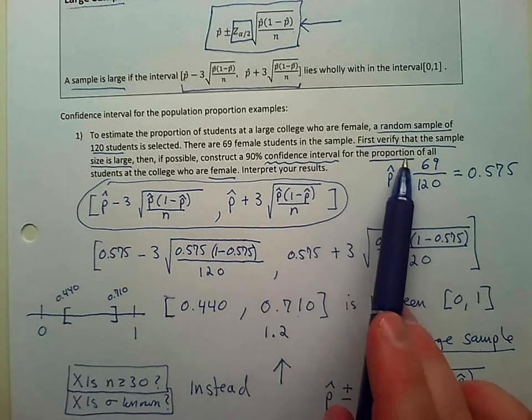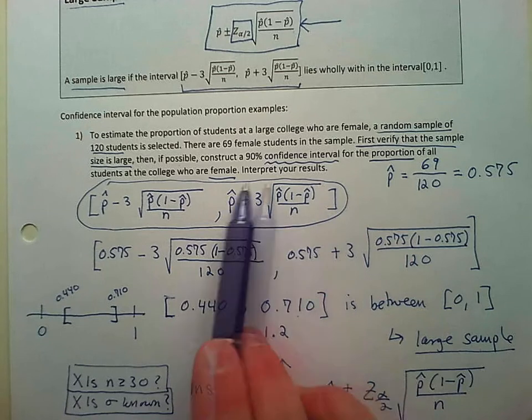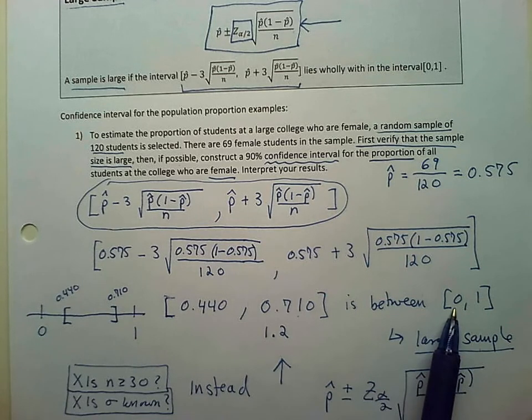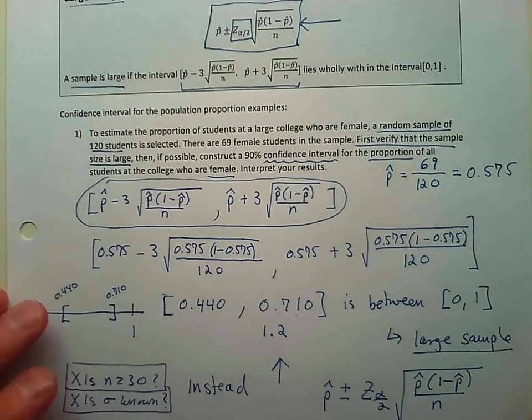If we're dealing with a confidence interval question for proportions, and we calculate out this interval, and it's not between 0 and 1, then we have a small sample, and we would just stop.